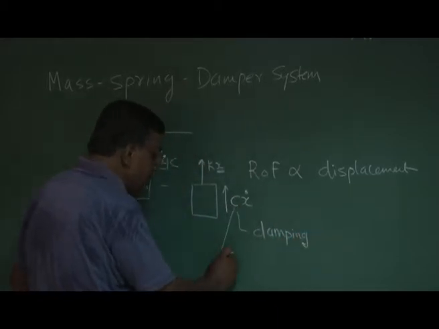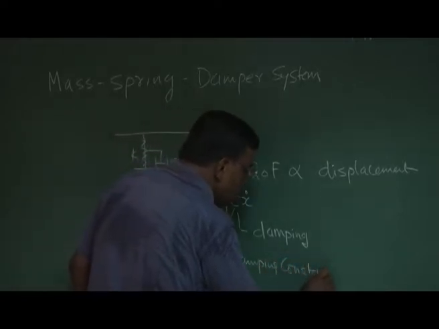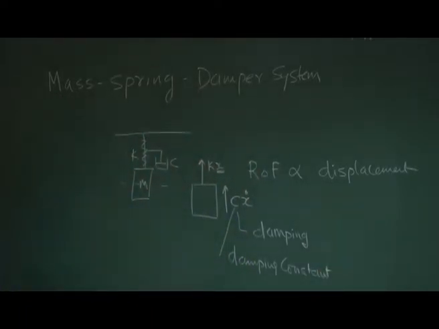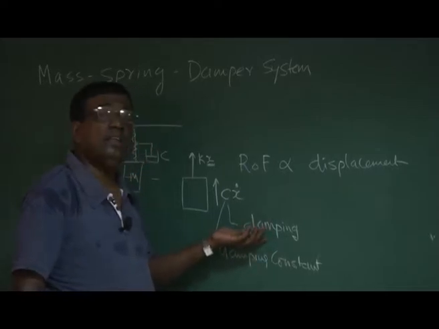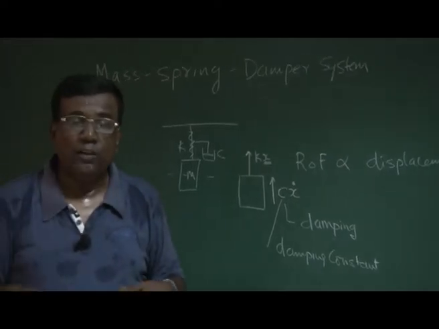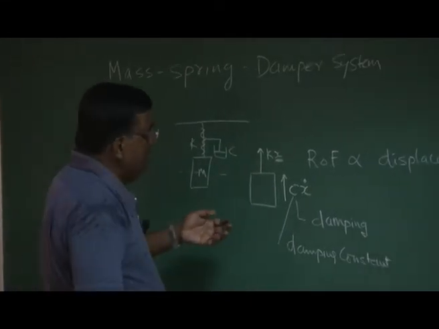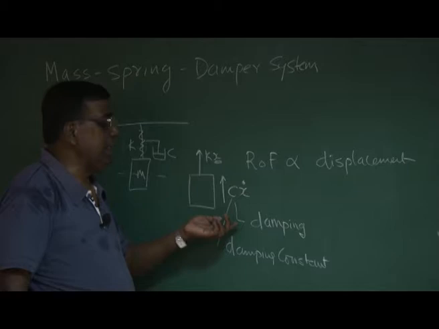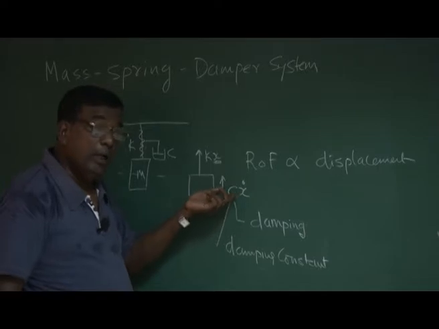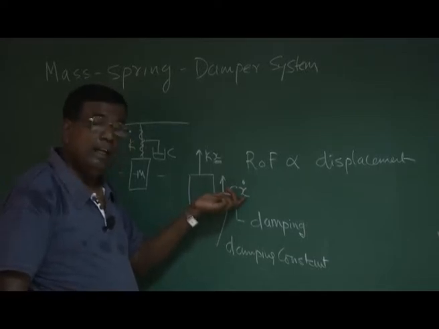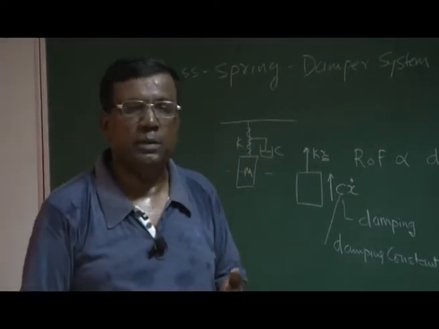And C is called the damping constant. Please understand here, damping is basically part of friction damping we are talking about. That means energy is lost because of friction in terms of heat, primarily in terms of heat, right? And there is another assumption that we are talking about linear damping. That is, this is Cx dot. It's linear. There could be non-linear damping also. But we are talking about linear damping, and we are having the liberty to assume it linear damping because we are talking about small perturbation. Okay?